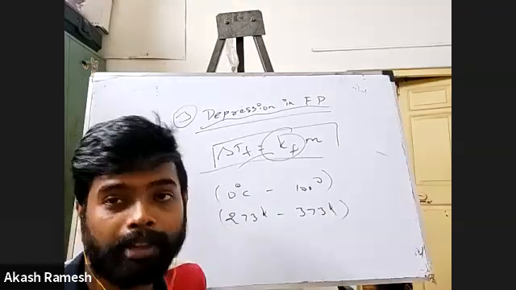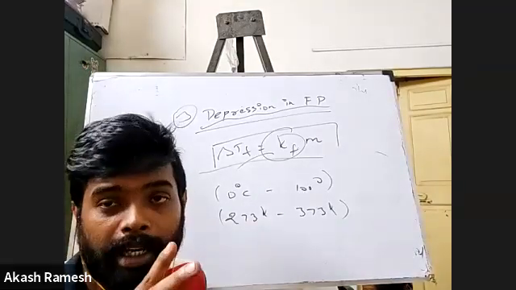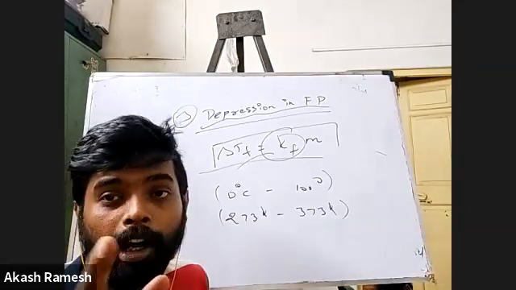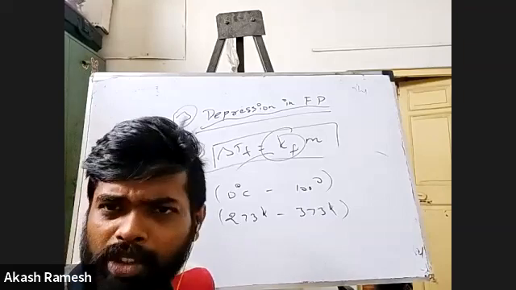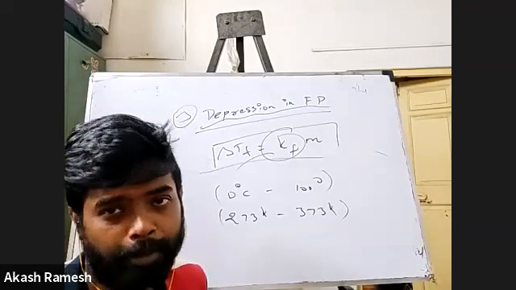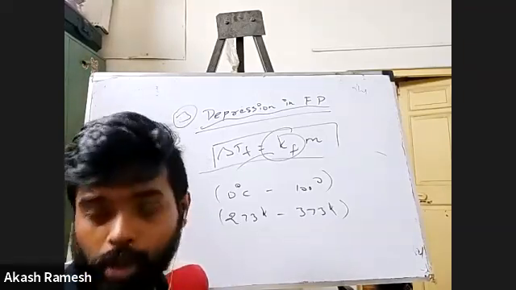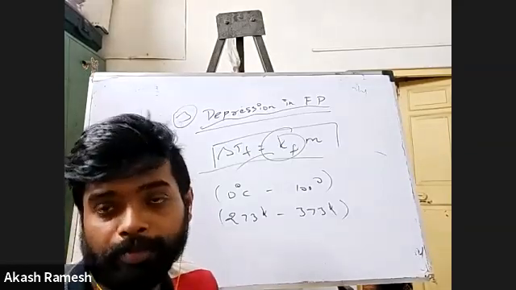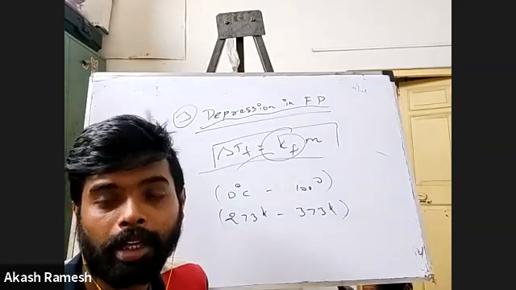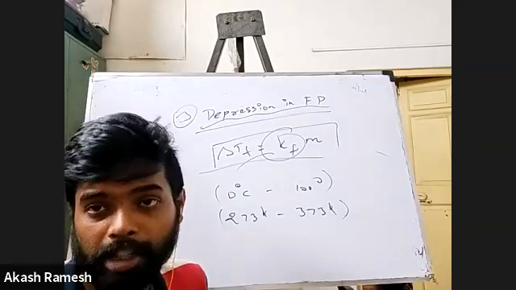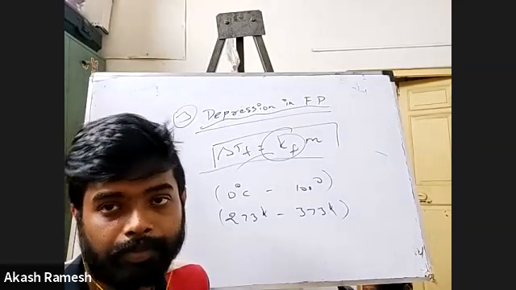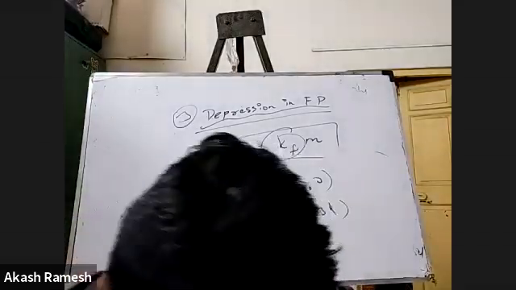In questions, if at all they give you anything other than water, just like the last question we solved for elevation of boiling point, they gave you the boiling point of benzene, because generally we don't know it. But water, we should know the boiling point and the freezing point. Directly, they will not give it in the question. Please remember this. So in this case, you have to take the freezing point of water, and that is 0 degrees Celsius.